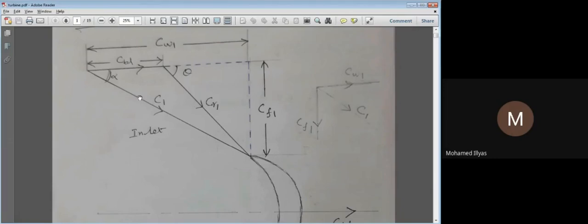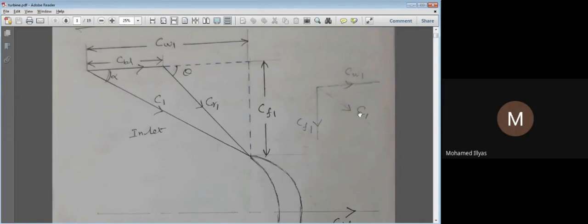Now, if you see this absolute velocity of the steam here, it is inclined, making an angle of alpha. In our engineering mechanics, if you recall, any inclined force can be resolved into its corresponding horizontal and vertical components. This is for easy solving of problems.